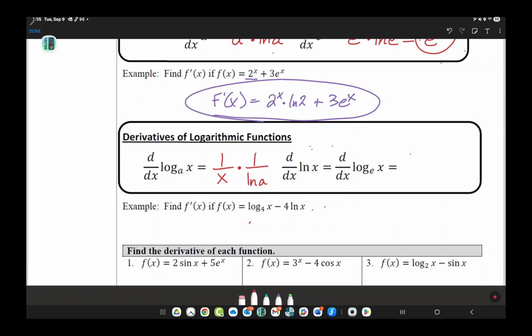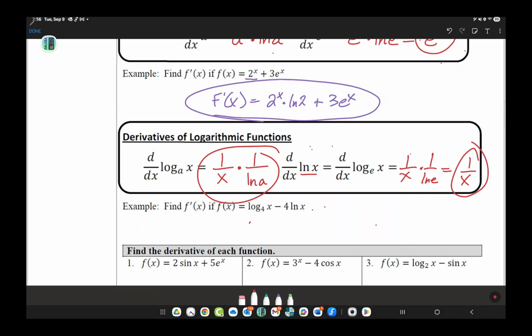Now, since natural log is log base e, this is 1 over x times 1 over natural log of e, which is still just 1. So we just get 1 over x. So the derivative of natural log of x is always just 1 over x. It's when you have different bases that you're going to have to include that log base a.